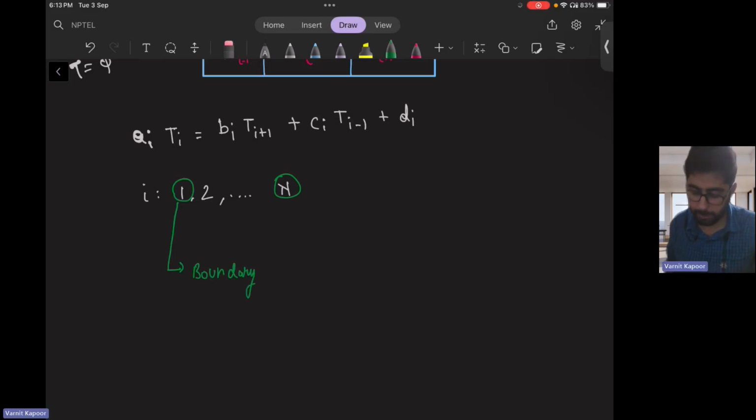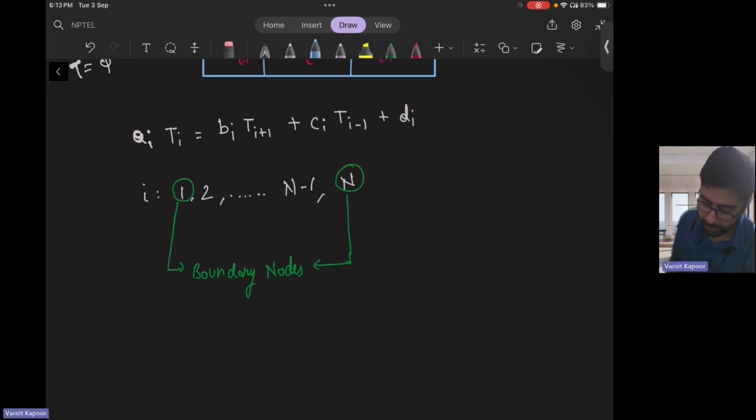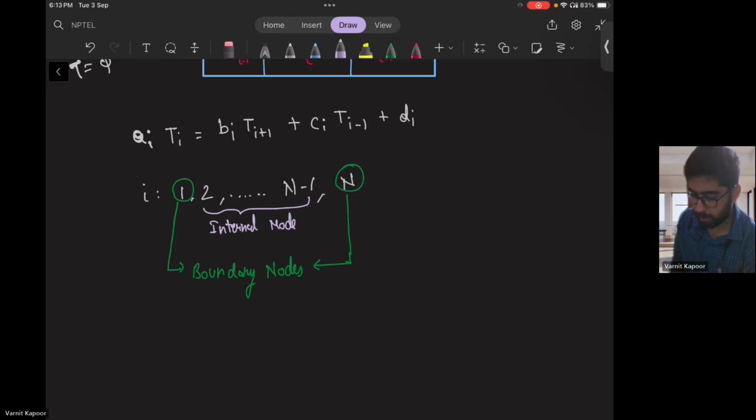These are the boundary nodes, and nodes 2 to n minus 1 are the internal nodes. These are the boundary nodes, and these are the internal nodes.